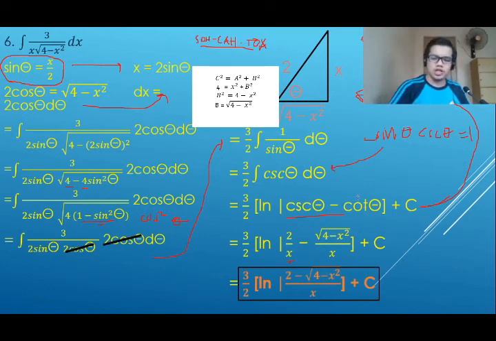Now cotangent theta is equal to cosine theta all over sine theta.